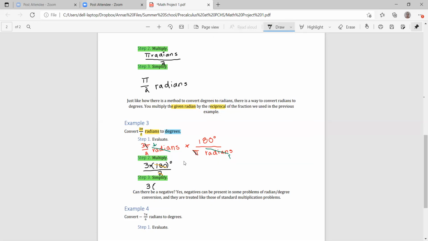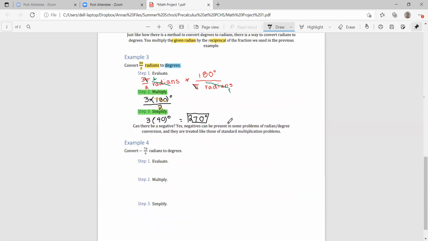So essentially we have 3 times 90 and the degree symbol. And we're going to use this to get our final answer, which is 270 degrees. That will be our final answer. We have successfully converted 3 pi over 2 radians to degrees, and that will be 270 degrees.